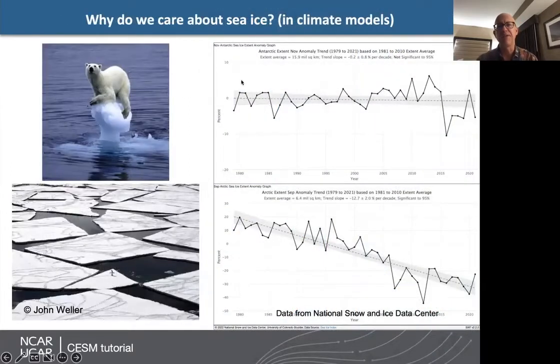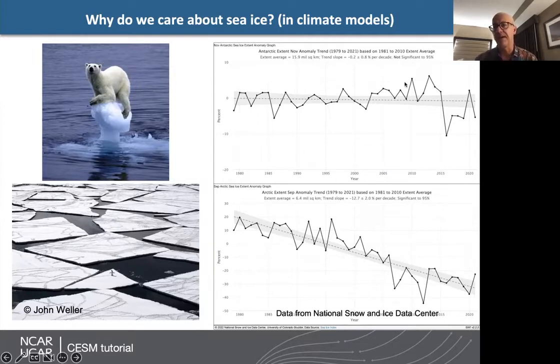And another thing that maybe you've seen in the news, maybe not, is if you just count up the area in the hemispheres, there's this total area of where there is ice. You'll notice here that over the satellite period in the Arctic, the lower panel, since 1980, when we started having satellites, we've seen a significant decline in the total ice area in the Arctic.